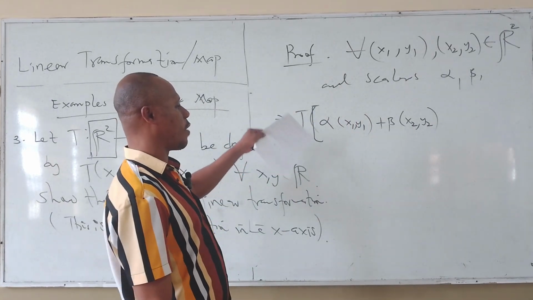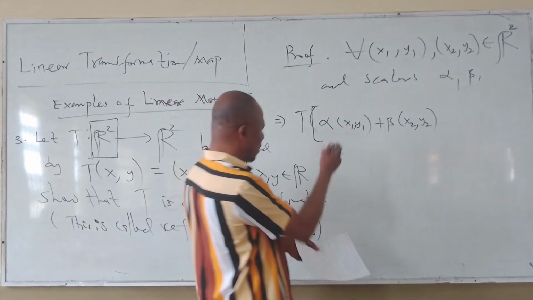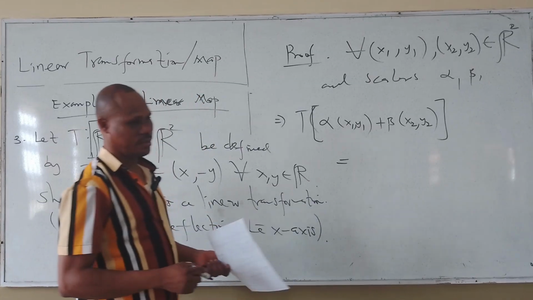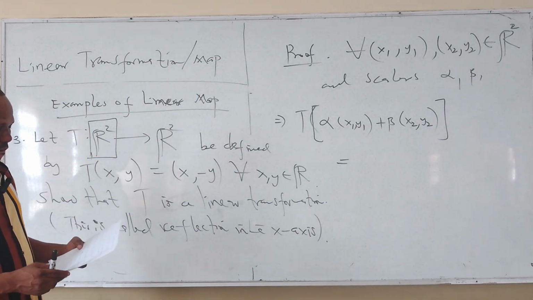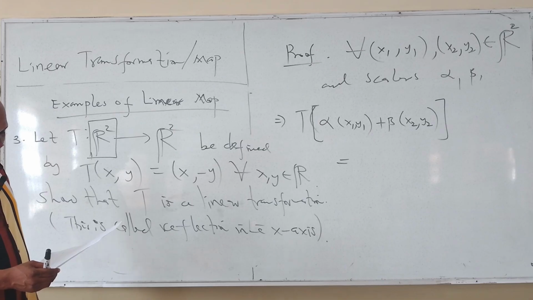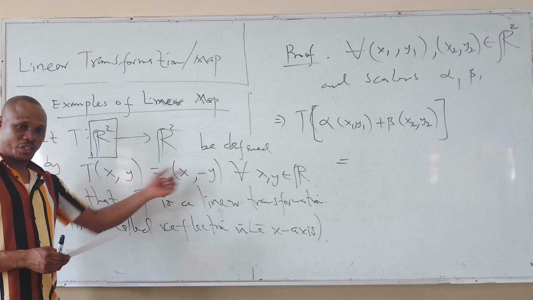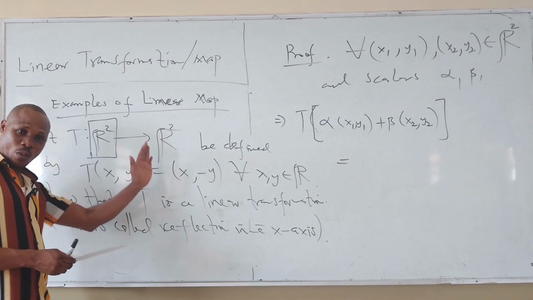We say that T of alpha x1 plus beta x2, but this one is in pairs. So this one is equal to what? First of all, you can simplify it to be in the form of this before applying the definition. To apply the definition, there should be x aside, y aside.